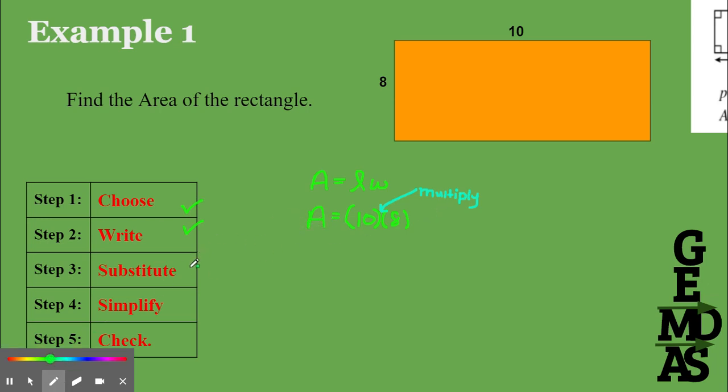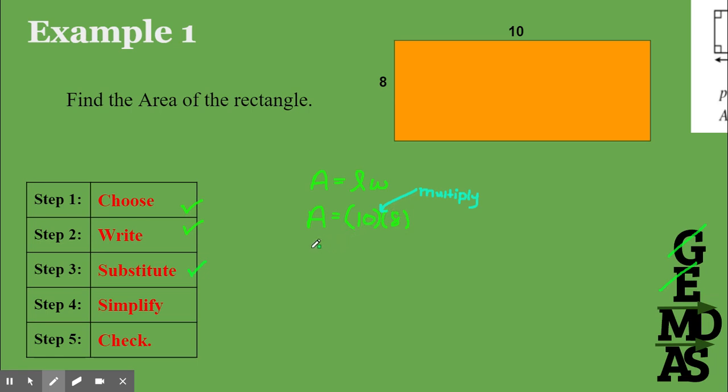All right, at this point, substitute is done, and now we need to simplify. When we simplify, we use the order of operations. Do we have any groups? No, there's no groups. Do we have any exponents? Any small numbers above? No. Do we have multiplication or division? Well, yes, it says multiply.